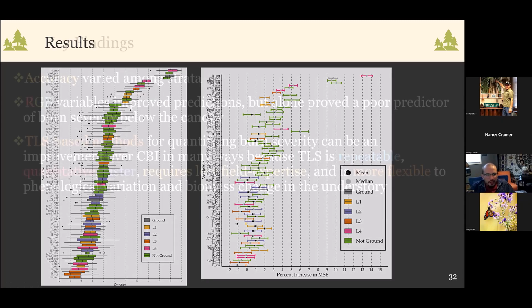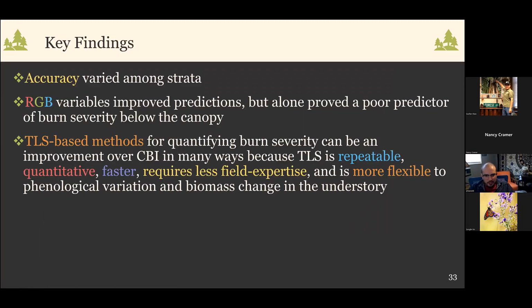Okay, so some key findings from this study: I think generally the TLS did a decent job of trying to predict CBI for trees and in total, with R squareds over 0.9 when using machine learning methods. And even for the shrubs, we were getting above 0.6, but it didn't do a great job for the lower strata, the herbaceous layers and the substrate, which kind of makes sense in this case.